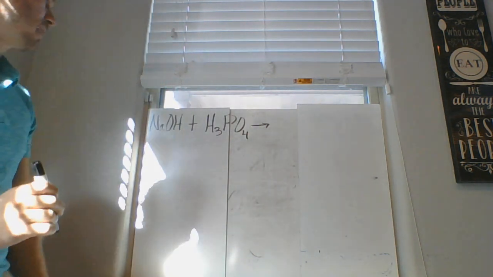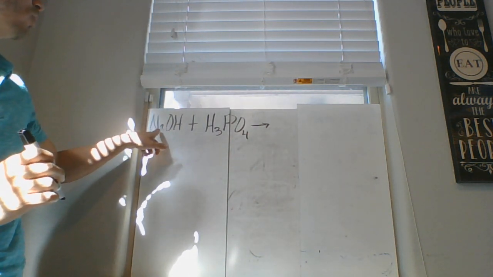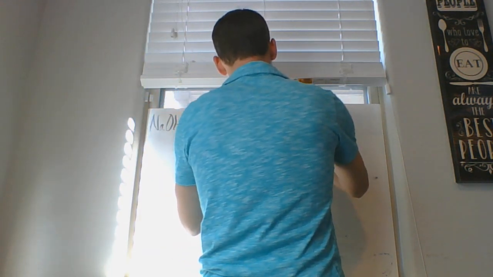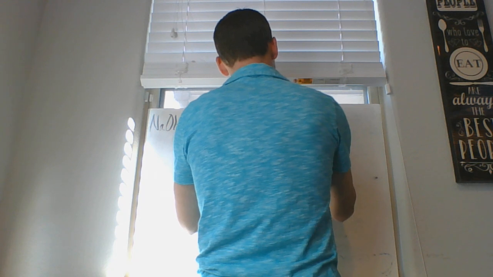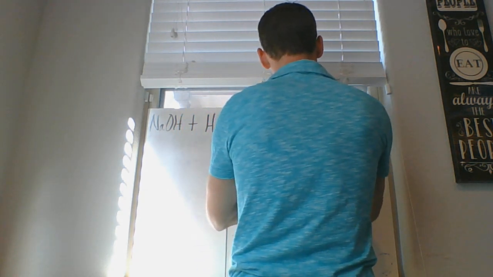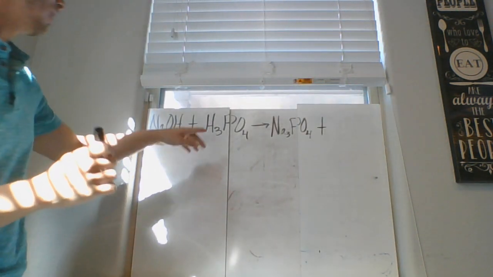All right, and what that's going to produce, well, this is a double replacement. So it looks like it's going to produce sodium phosphate. That's a P. All right, and then water.